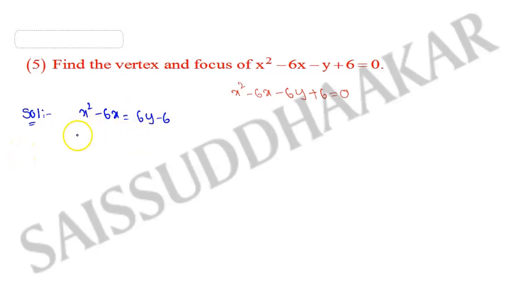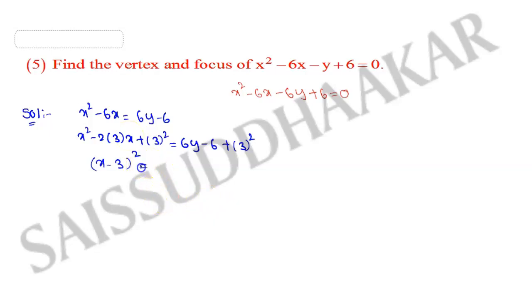Next, x square minus 2 into 3 into x plus 3 square is equal to 6y minus 6 plus 3 square. Both sides I am adding 3 square. So here x square minus 2ab plus b square can be written as x minus 3 whole square.